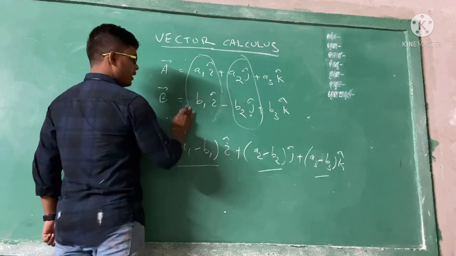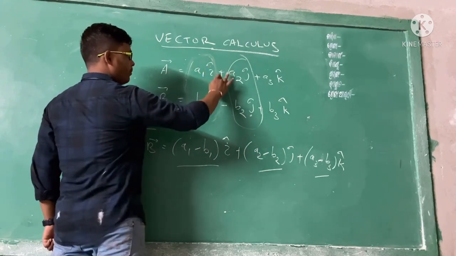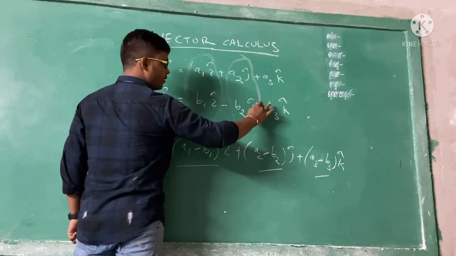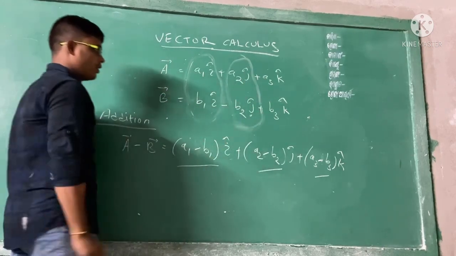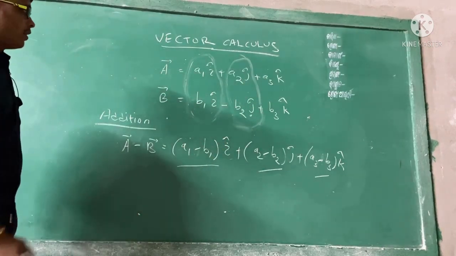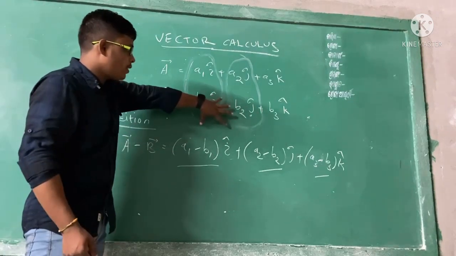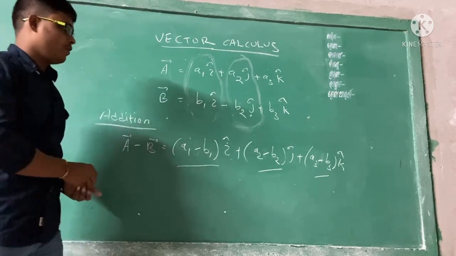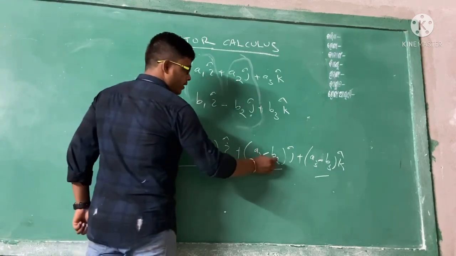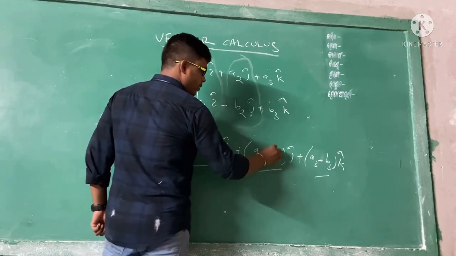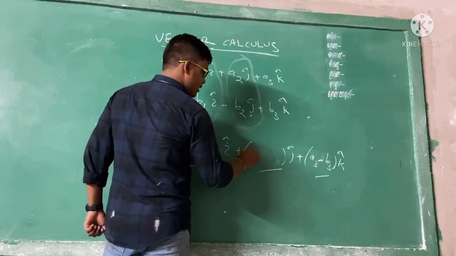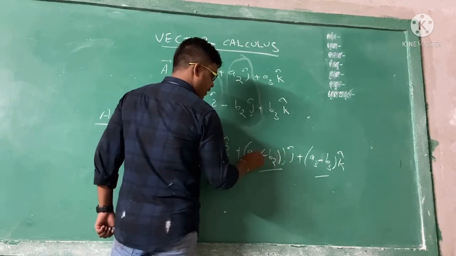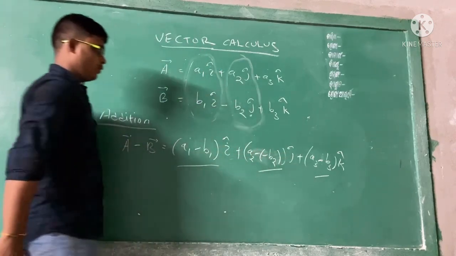So remember this thing. Now if in the b vector one component, the j cap component, is given as minus b2, this is the difference. Suppose b2 is given as minus b2, then what will you do? Now a2 minus of minus b2, and that double minus will be plus.